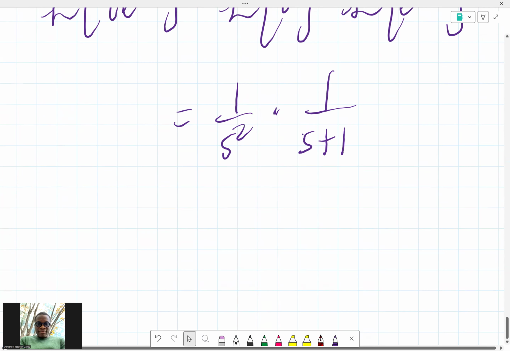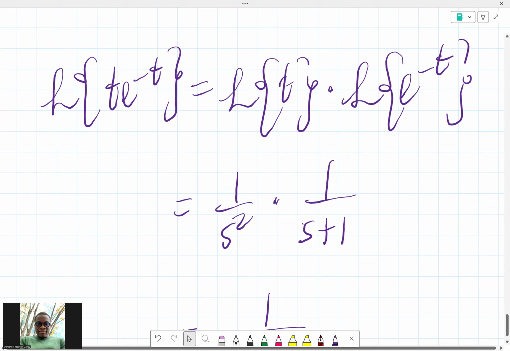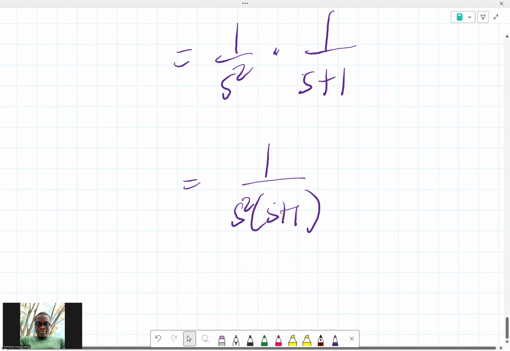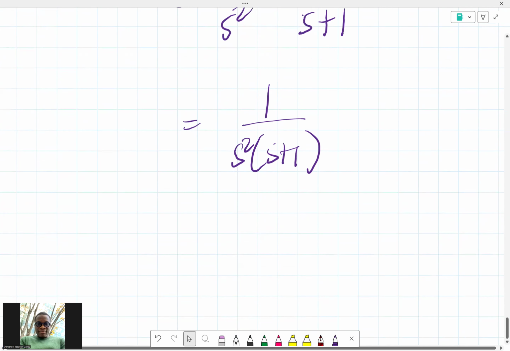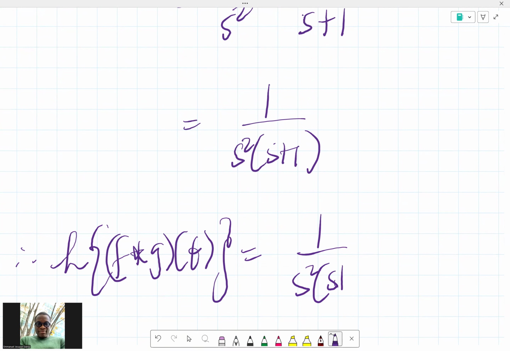So that convolution gives us 1 over s squared into s plus 1. Therefore, the Laplace of f convoluted with g of t is simply 1 over s squared into s plus 1.